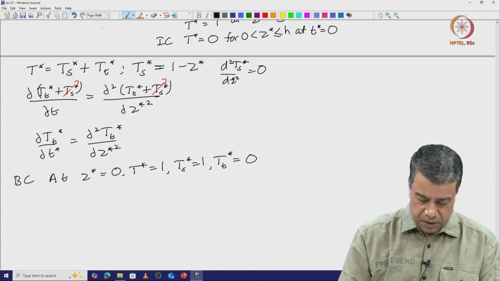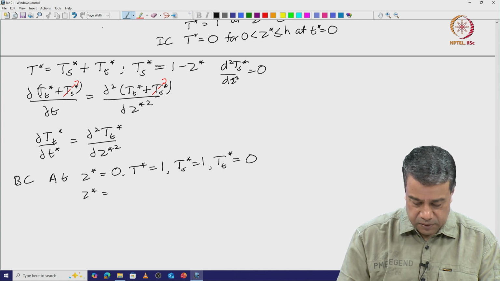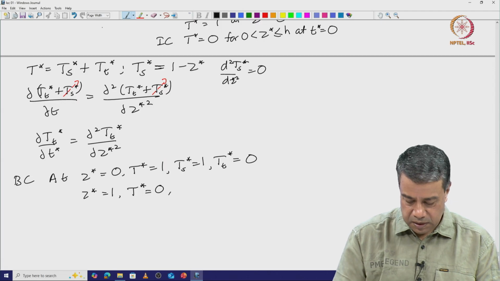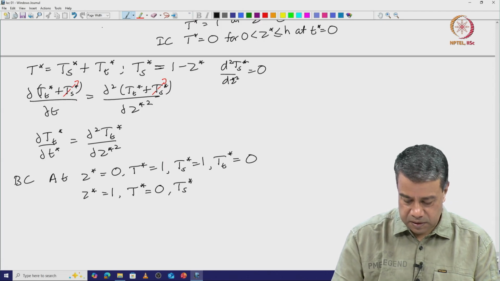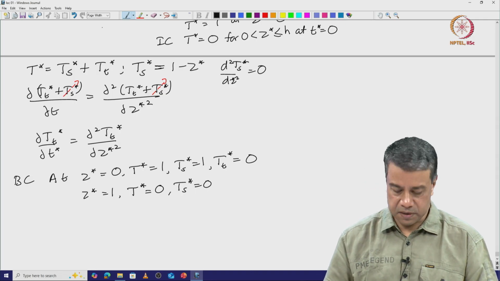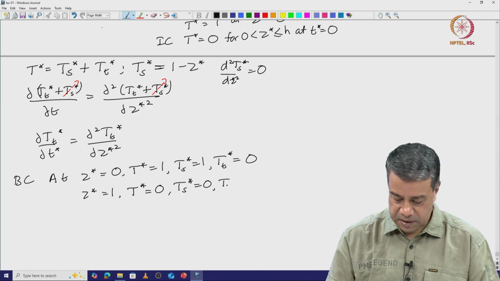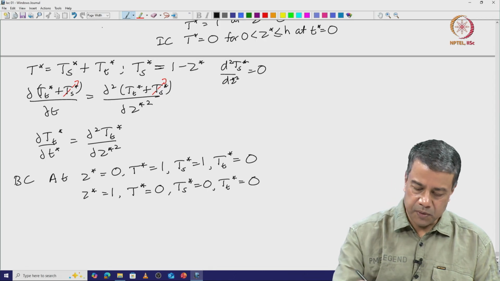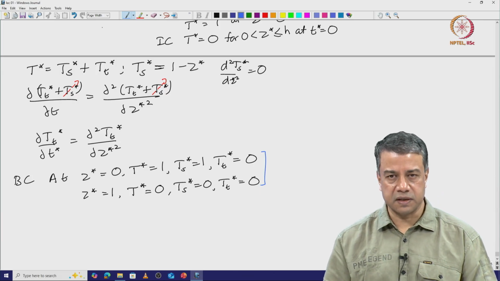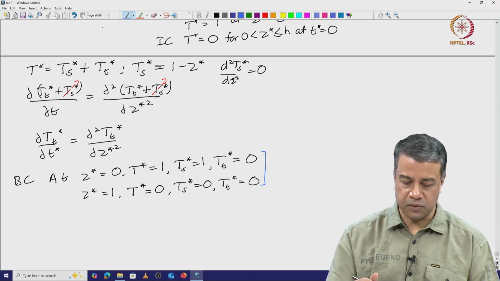At z star equal to 1, the total temperature is 0 and the steady temperature is also 0, which means that the transient temperature is also 0. An important point to note: boundary conditions are homogeneous for the transient part. They are both 0 at both the boundaries.